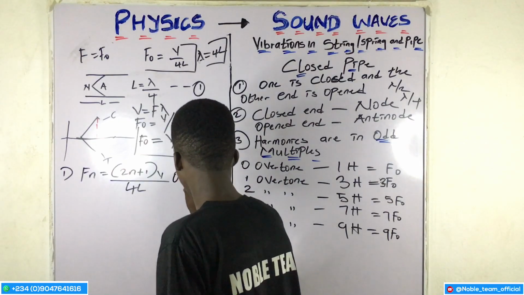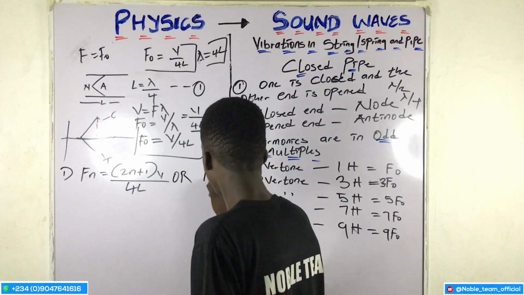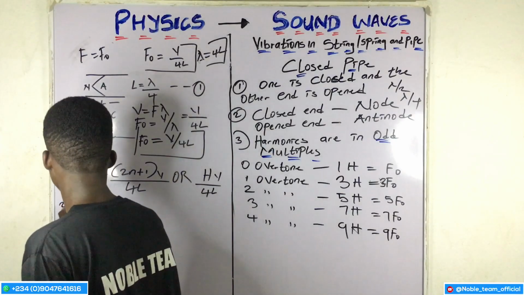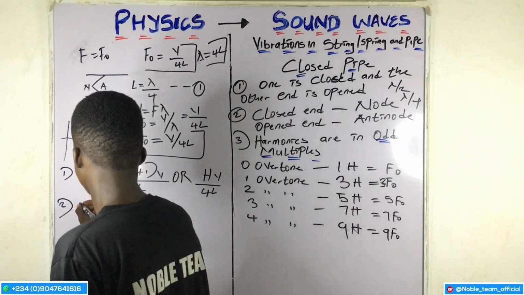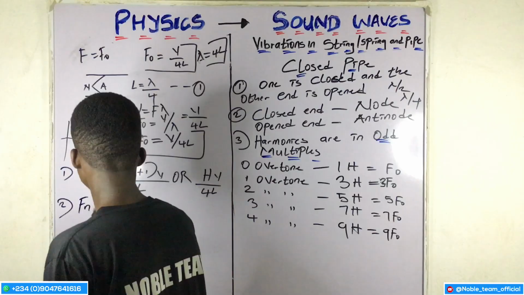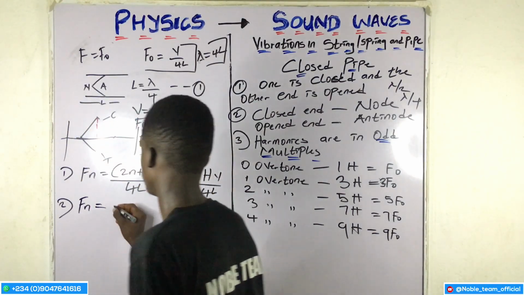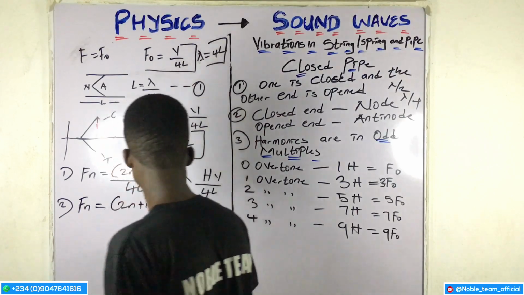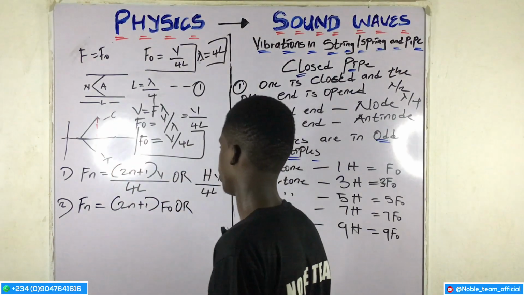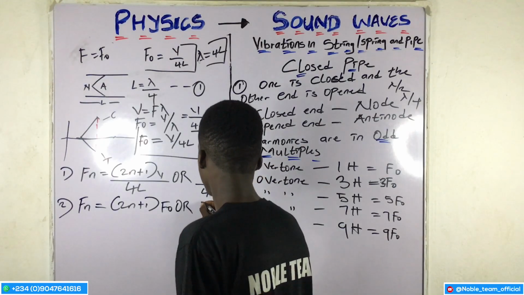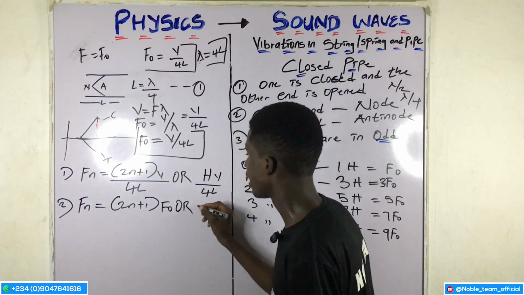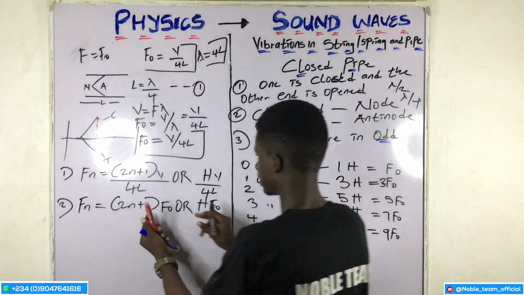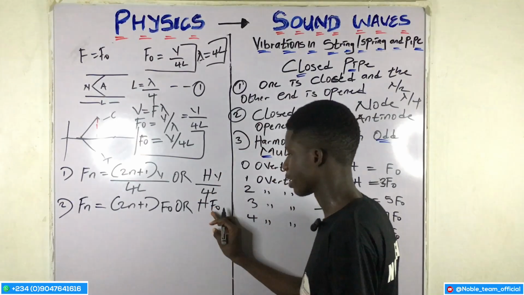Or we can say that it is equal to HV over 4L. Formula 1. Now formula 2, we can say that Fn is equal to (2n plus 1) times the fundamental frequency, or we can say that is H times the fundamental frequency. Do you understand? H is like removing this and putting this, okay? Times fundamental frequency is still the same thing.